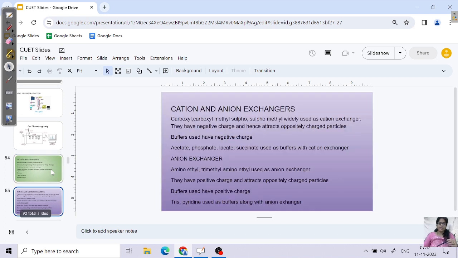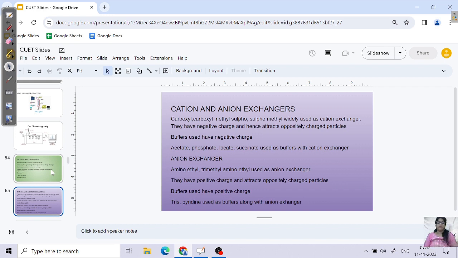So what are the anion exchangers and cation exchangers? I told you carboxymethyl and sulfomethyl are generally used as cation exchangers. They are negatively charged, so they attract only the positively charged particles in the sample. In the same way, the anion exchanger would generally have a positive charge, so that it would attract only the oppositely charged, negative particles for separation in the sample.